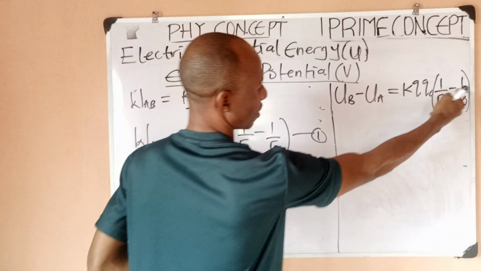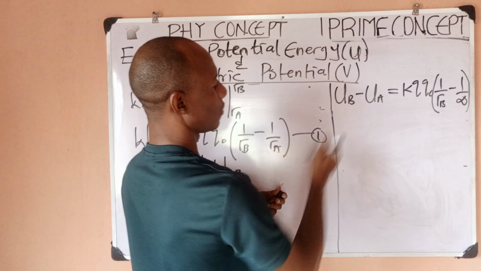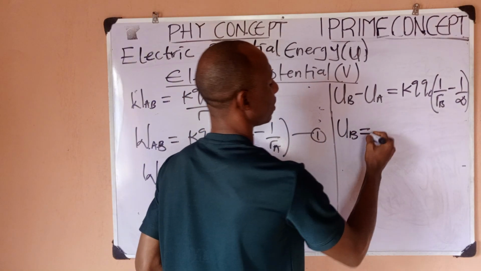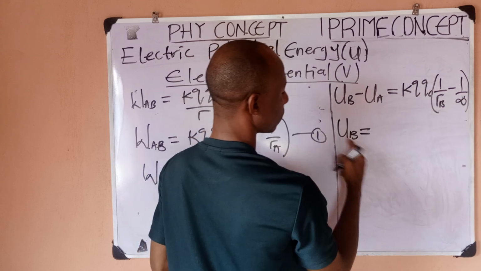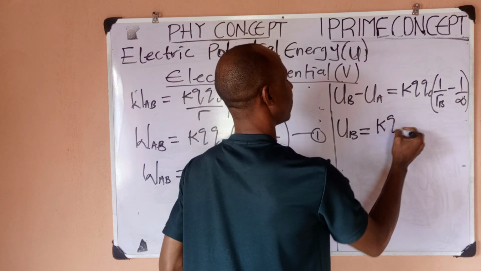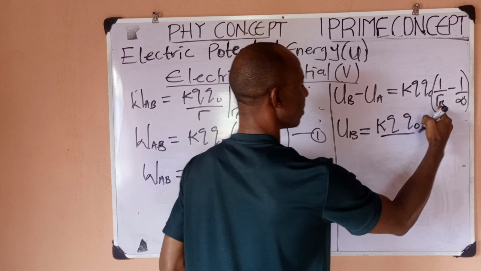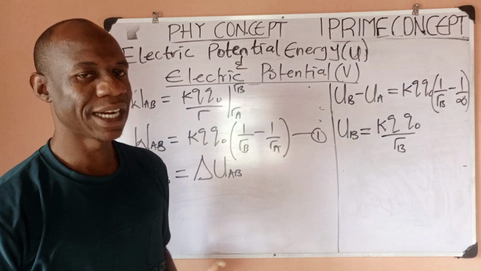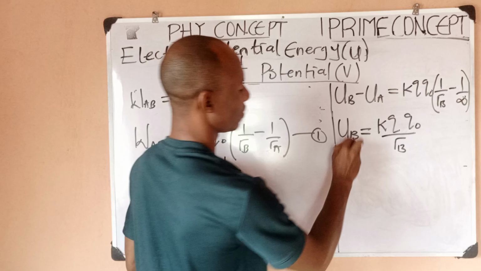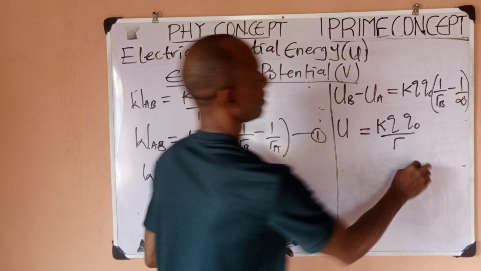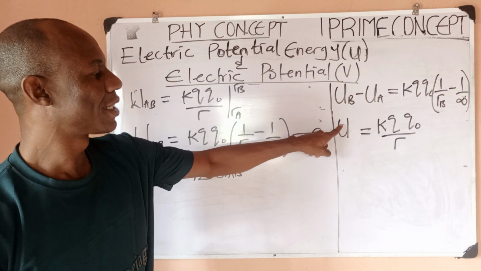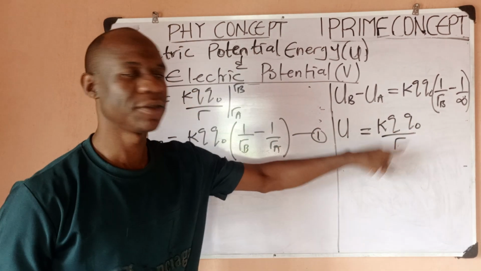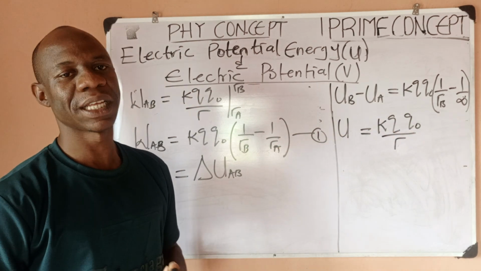So if you solve this, because 1 by infinity is 0, you would have that UB is equal to KQQ naught divided by RB. So for the sake of generalization, I'm just going to remove this B and simply say that electric potential energy U is equal to KQQ naught divided by R. So what is electric potential energy?